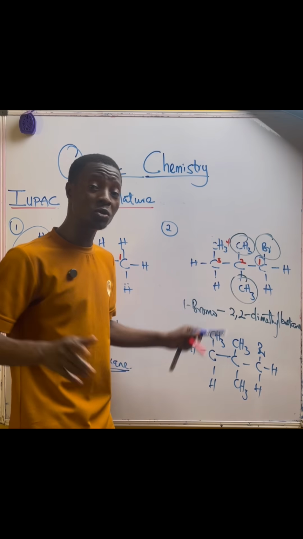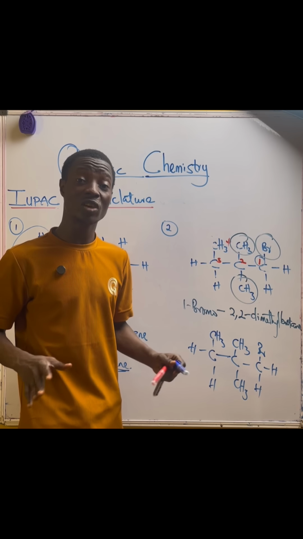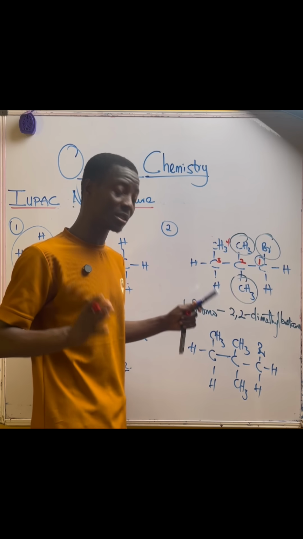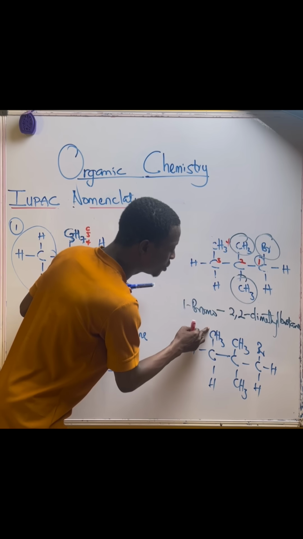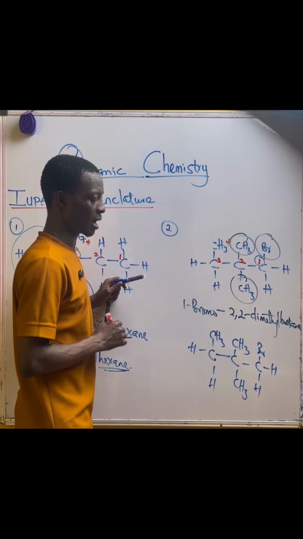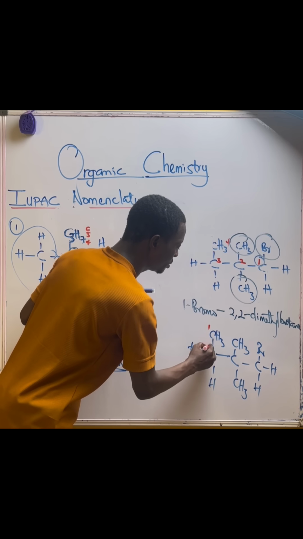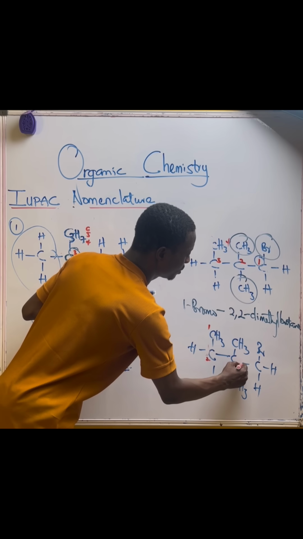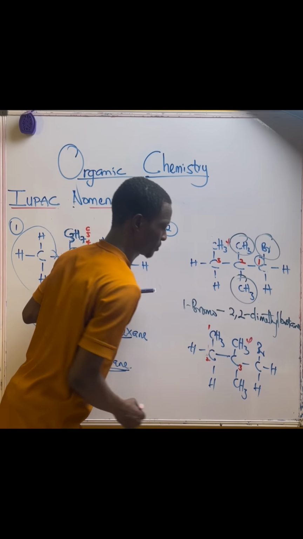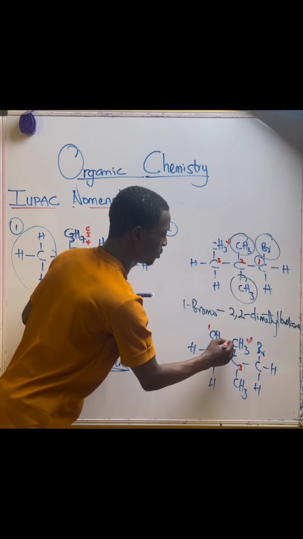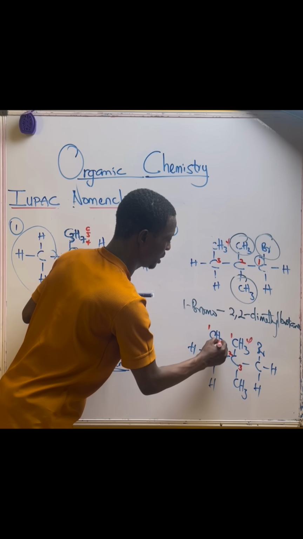Okay, so I told you earlier that you can use any longest carbon chain, but there will be a problem, and the problem is simple. Let's assume that I'm not using this chain. Let's assume I'm using this particular chain here as my longest carbon chain. I'll have 1, 2, 3, and 4. I'm moving like this, so I'm numbering backward. 1, 2, 3, and 4.